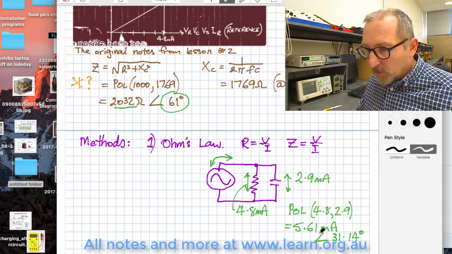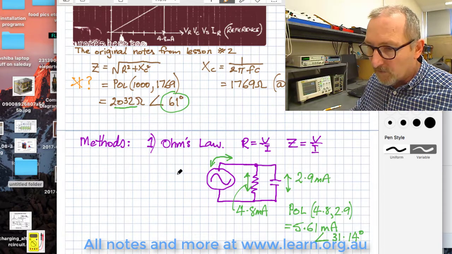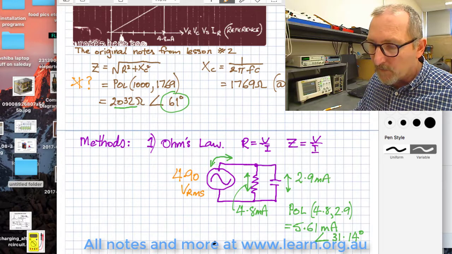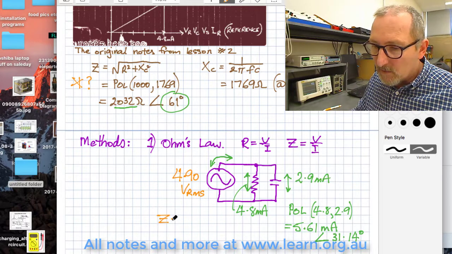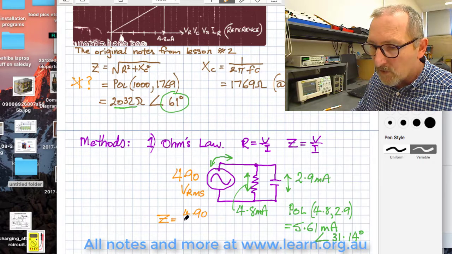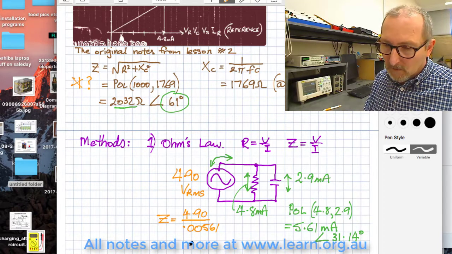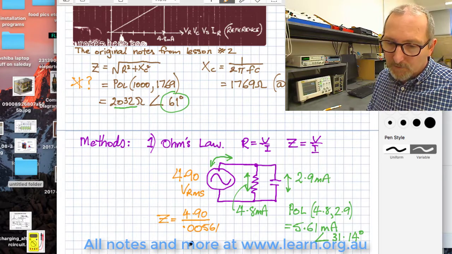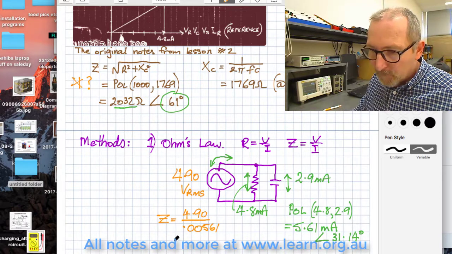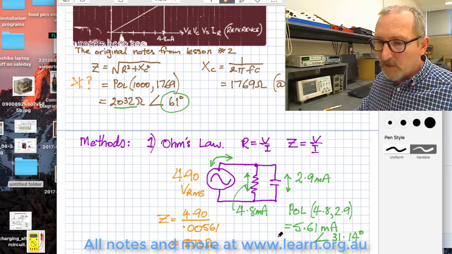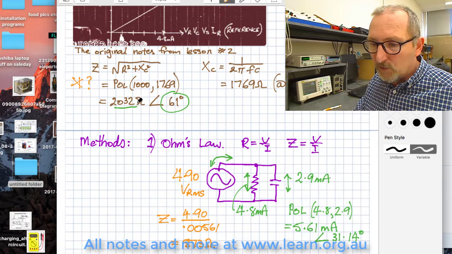Now that we've got the total current, we knew that we had an applied voltage of 4.90 volts RMS into our circuit, so Z is going to be equal to 4.90 divided by 0.00561, which equals 873 ohms. 873 ohms compared to 2032 ohms.